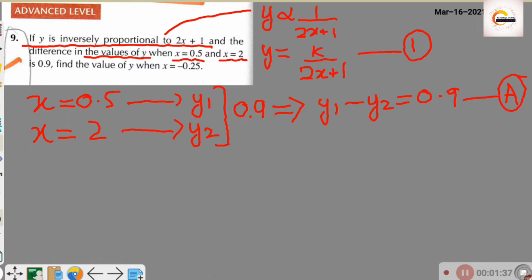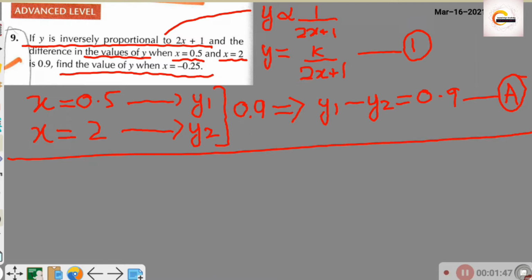Now find the value of y when x is equal to 0.25. We already know, and we have solved this in previous questions, that we cannot calculate the value of any variable if we don't know the constant of variation. So first of all, we must calculate the constant of variation. But how can we calculate it?